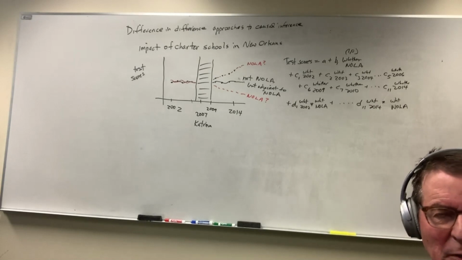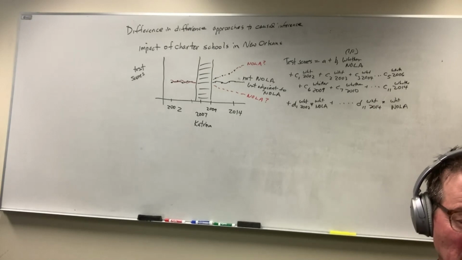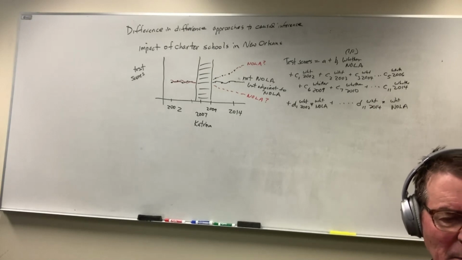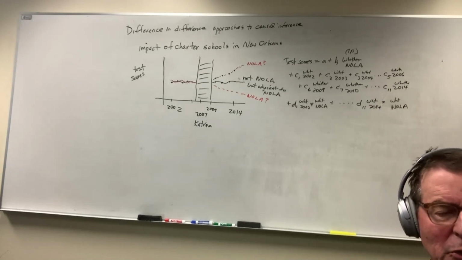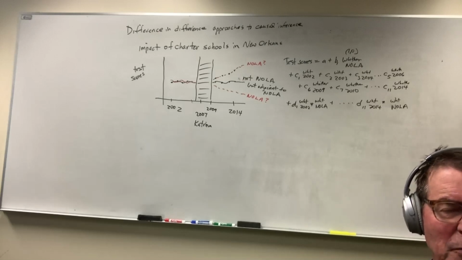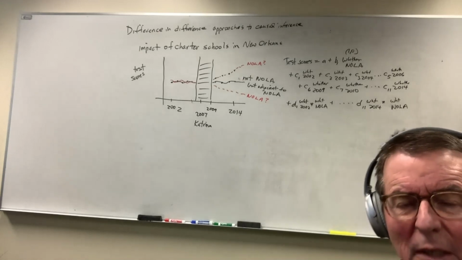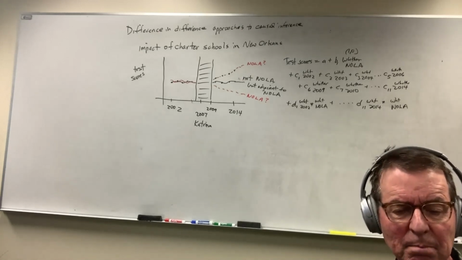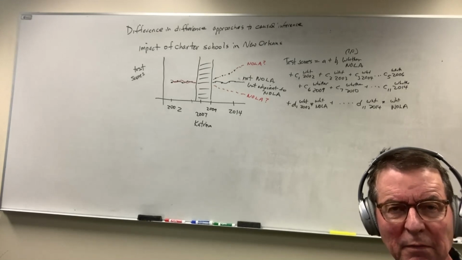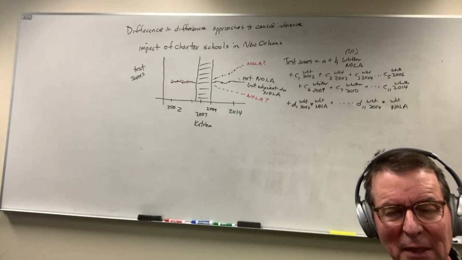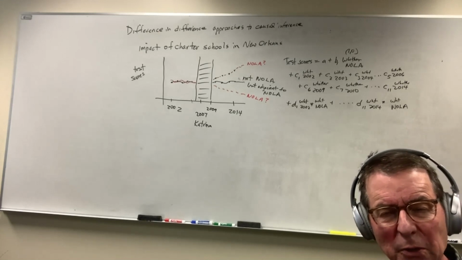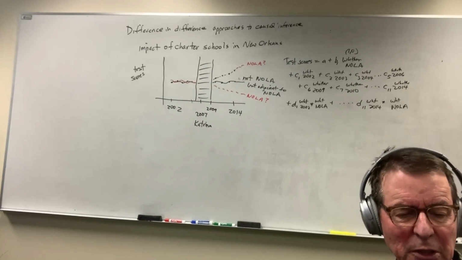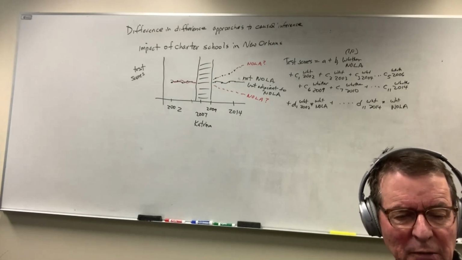The public school system was very much in place and wasn't about to be changed, but Katrina forced that change. So you had this exogenous event producing charter schools, and you were able to take advantage of that because you had achievement score and graduation rate and so forth, college entry rate data available for kids.